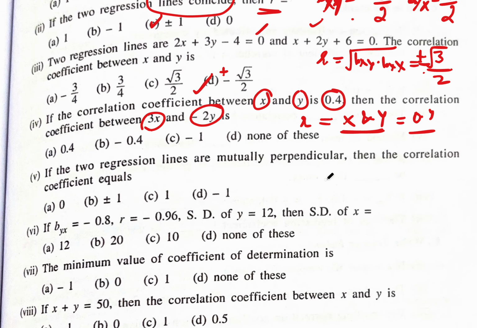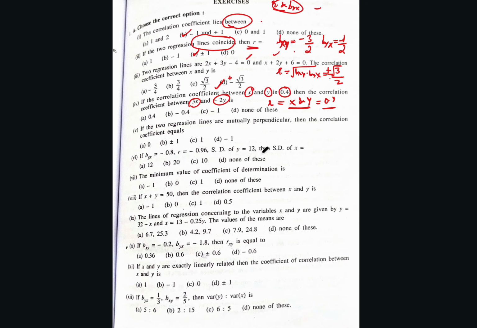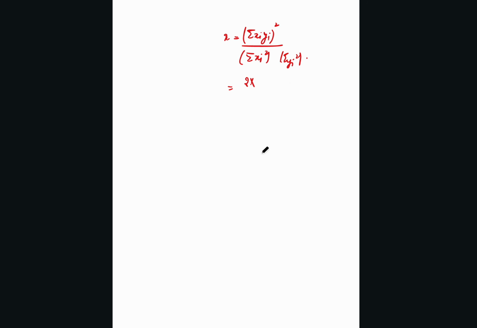So yes, the formula basically suggested right now, the formula for correlation is summation xy whole square upon summation xi square upon summation yi square. So if we change that and we add these, what were the variables? 3 and -2.